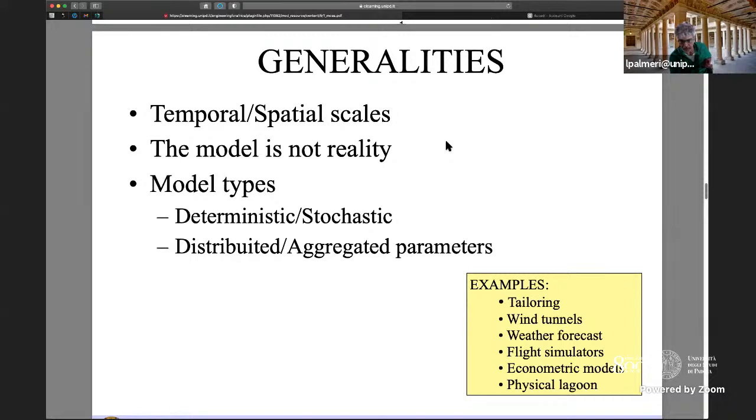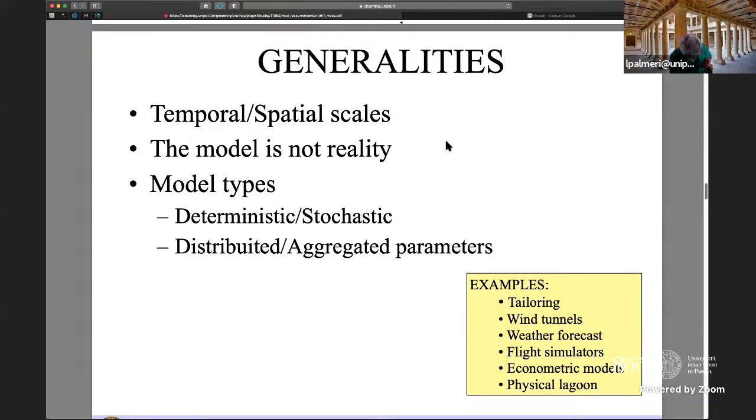Weather forecasts are another example of very complex mathematical models that describe very large, complex ecosystems in terms of weather conditions. You know that weather means clouds, no clouds, rain, no rain, cold, hot, and so on.